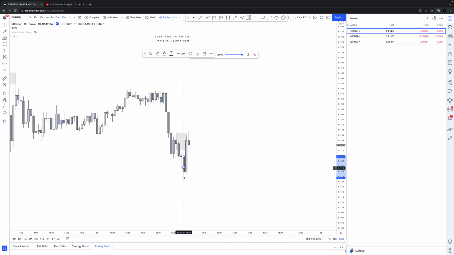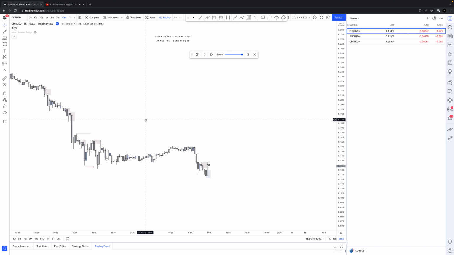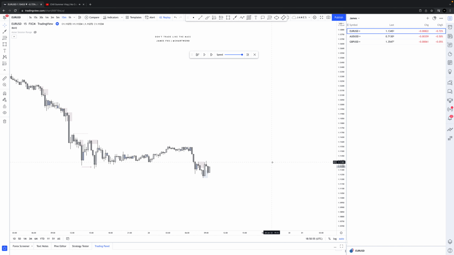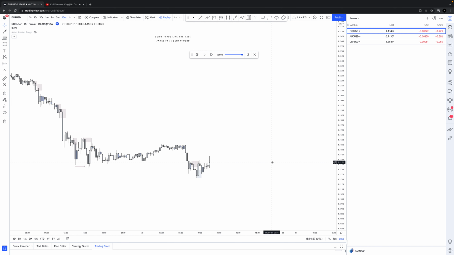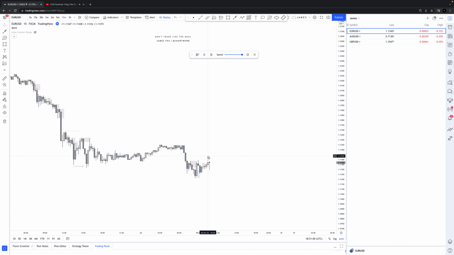So what we may see here is a tap back into that area of demand, and we may see this low hold because we've potentially got a strong low here. So we come in, right, and then look, we take the high. Obviously we can still mark on this area as well. Obviously it's an area of supply, but we need to understand what's going on below.